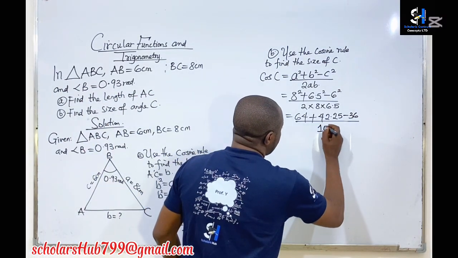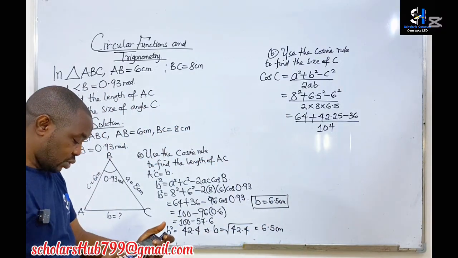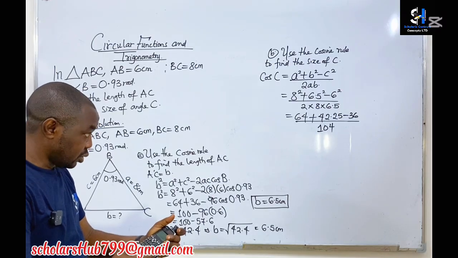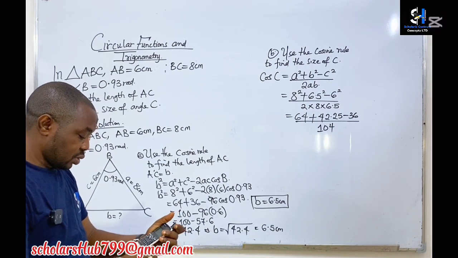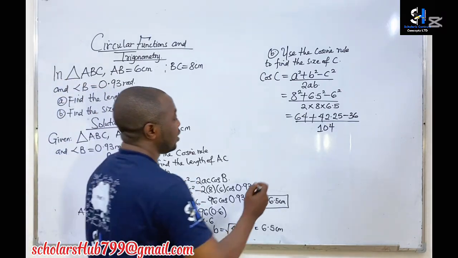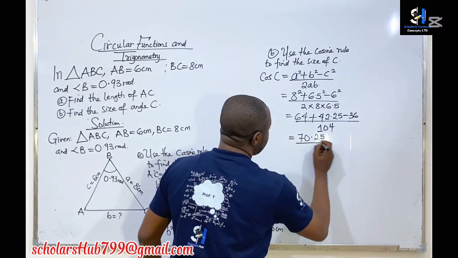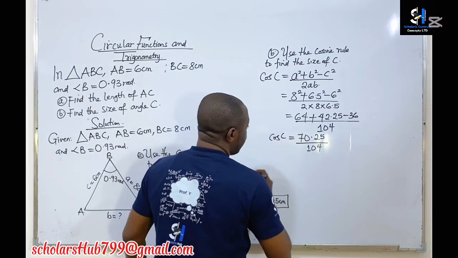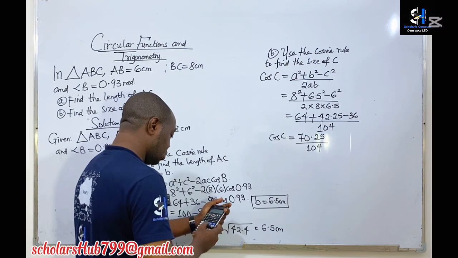Then, what is the value for 64 plus 42.25 minus 36? That will be 70.25. So we have 70.25 divided by 104.